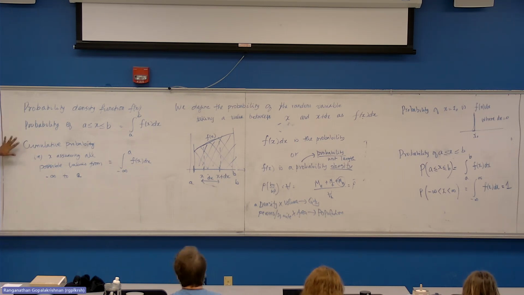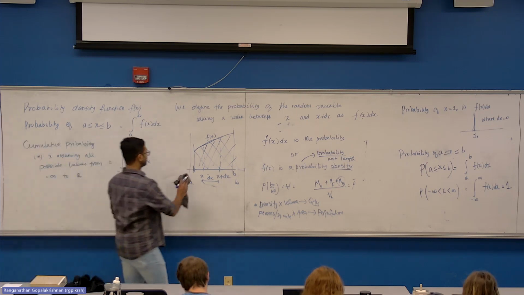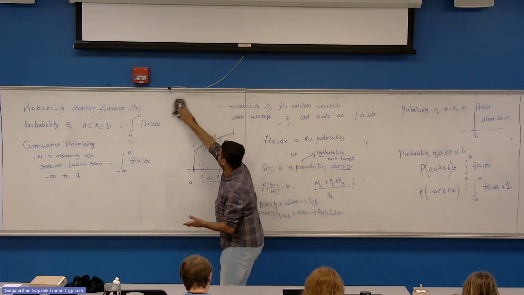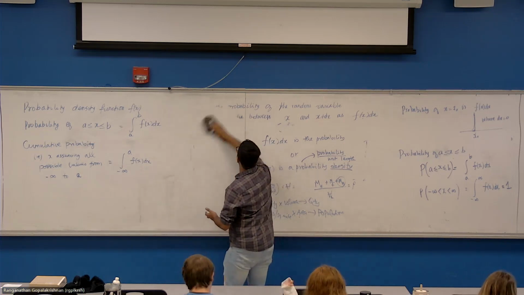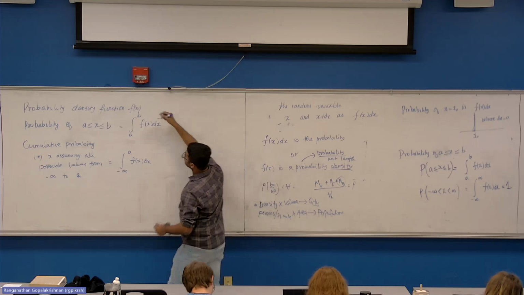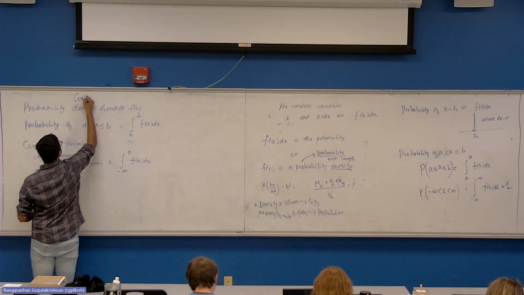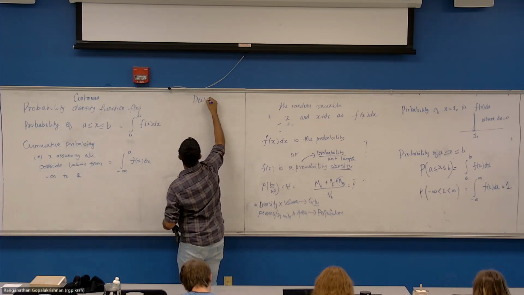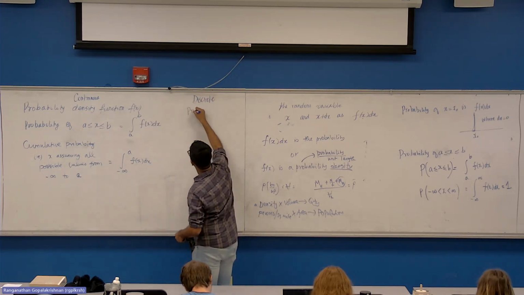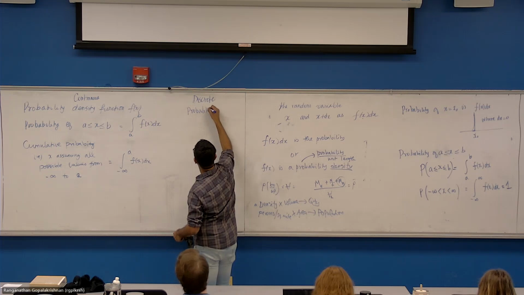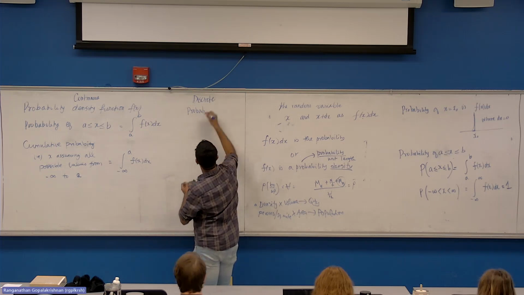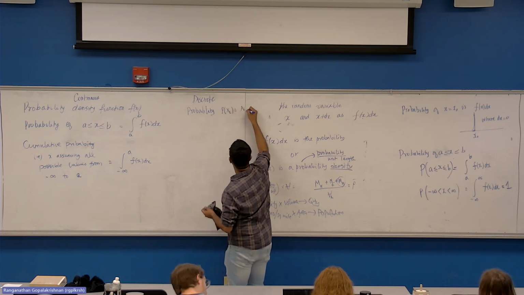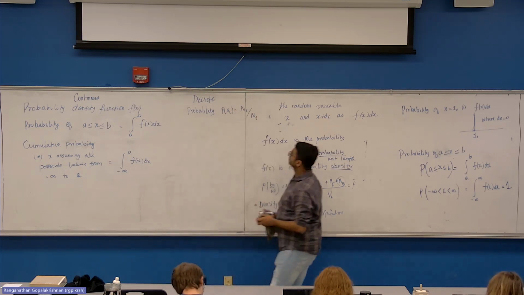This is not totally new. I don't want you to think that you are seeing this for the first time. You did see the discrete distributions, right? When we did discrete distributions, so this is for continuous distributions, and for discrete distributions, you had probability P of xi equals ni divided by nt.